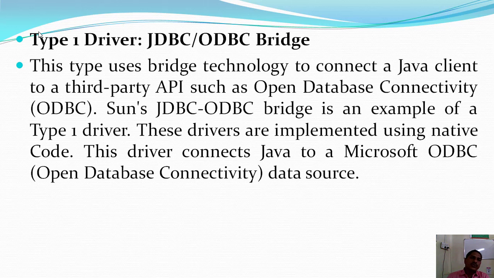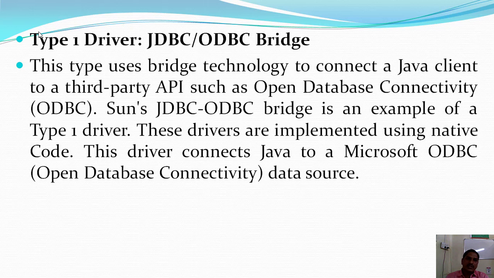This type uses bridge technology to connect a Java client to a third-party API such as Open Database Connectivity, that is ODBC. Sun's JDBC ODBC bridge driver is an example of a Type 1 driver. These drivers are implemented using native code like C programming.